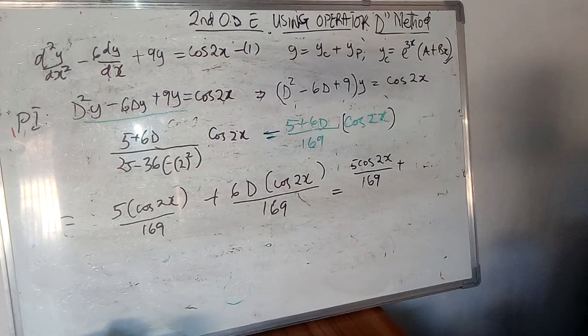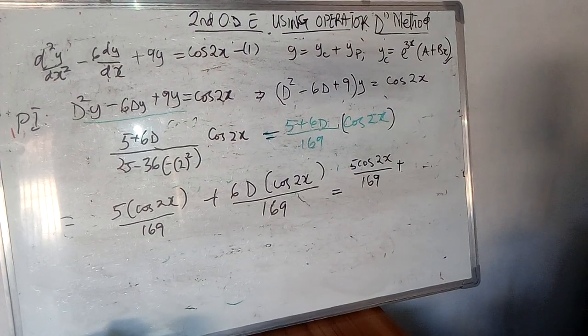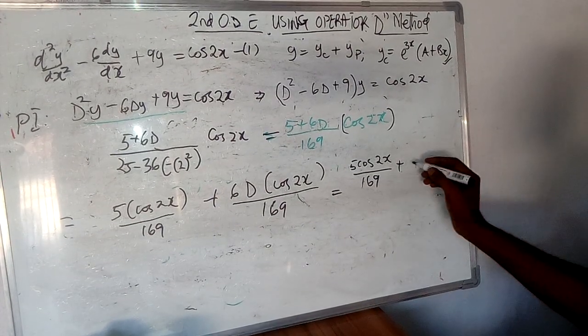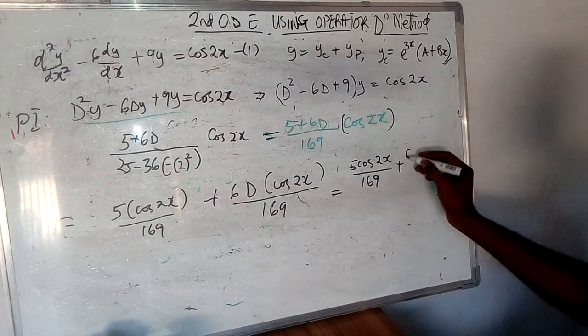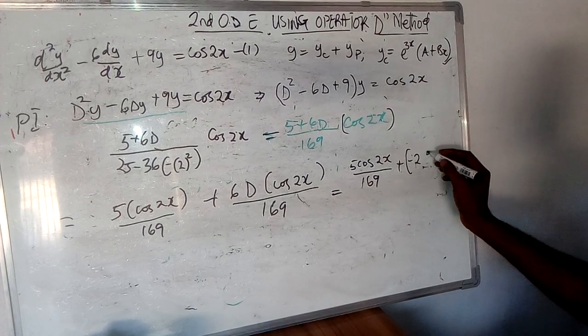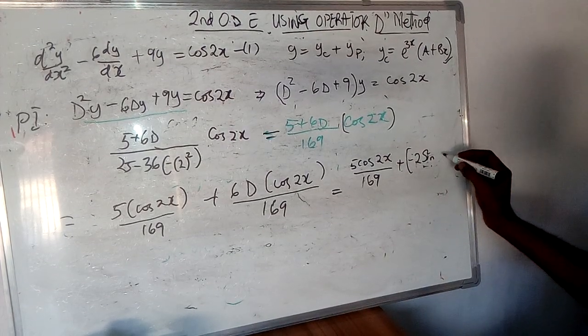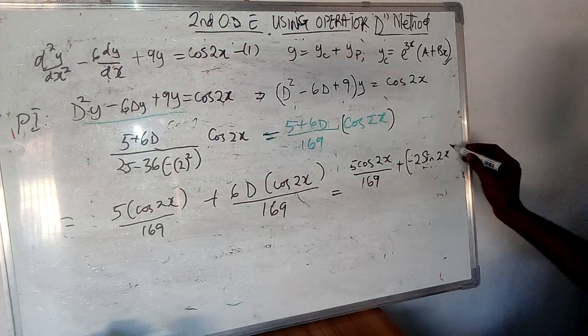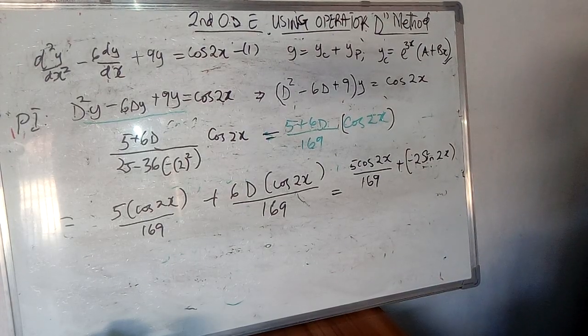The differential of cos 2x will be minus 2 sine 2x. So this will be plus into minus 2 sine 2x. You see the operator is gone.